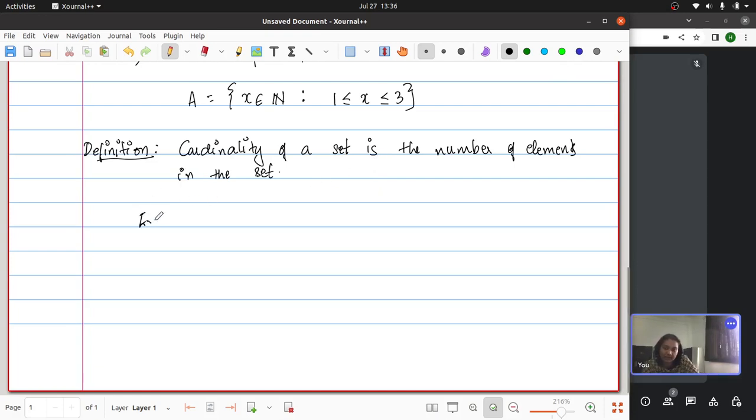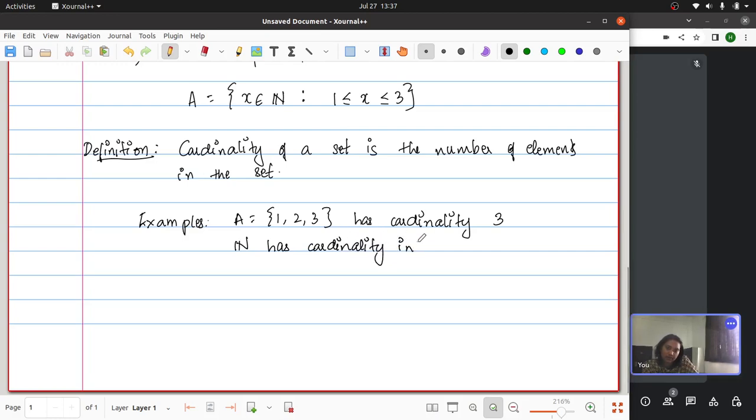Let's look at some examples. The set A that we already defined has cardinality 3, and the set of natural numbers has cardinality infinity, or we say it is an infinite set.